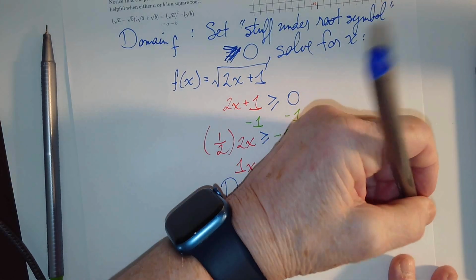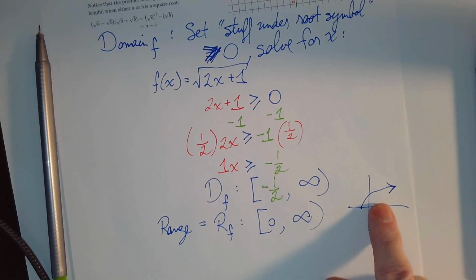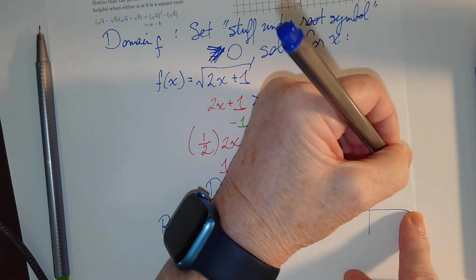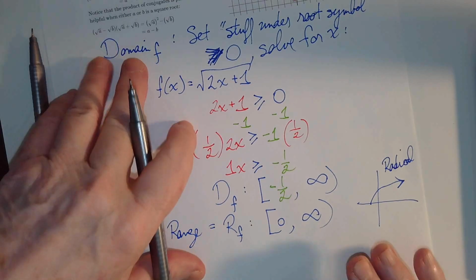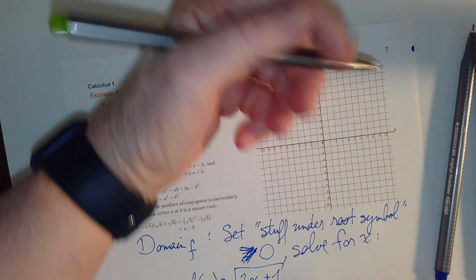The shape in general of a radical function is like half of a sideways parabola. And ours will start at -1/2.